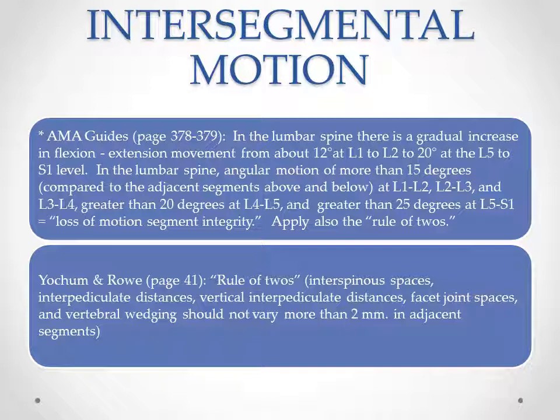Let's add this up. 12 plus 14 plus 16 plus 18 plus 20, that would be 80 degrees of total angular motion. In our example, we just had 56 degrees. So there's some loss of normal motion segment integrity. So let's go to our chart.